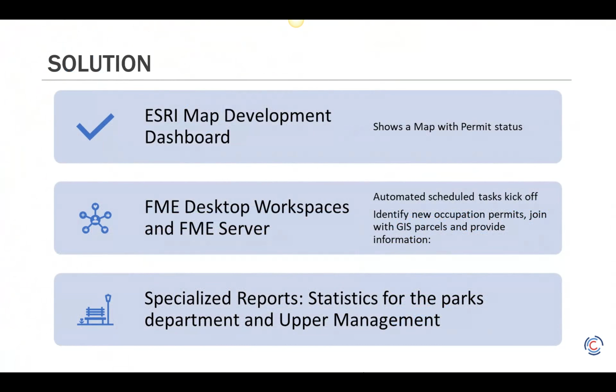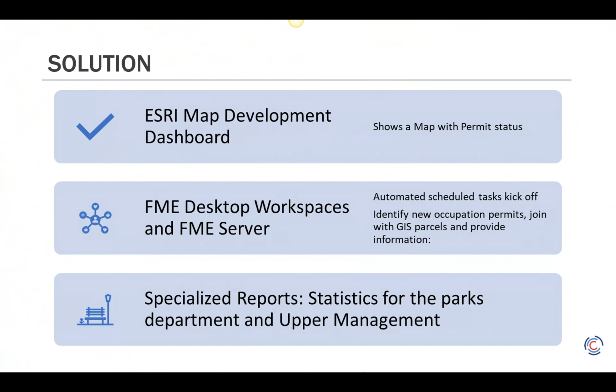So the solution they implemented to share this information across the city was an Esri map development dashboard, showing a status of all the occupation permits that are getting issued on a daily basis, so that they have a running portrait of how many houses in a development are getting completed.